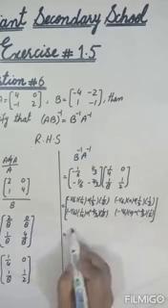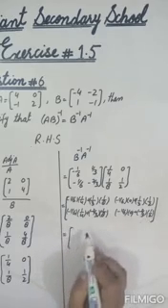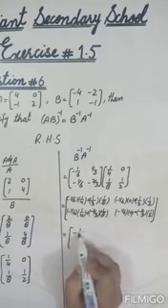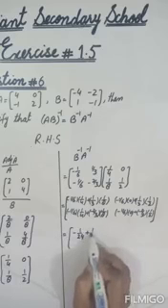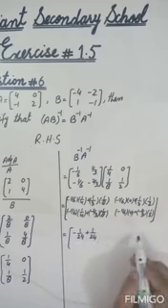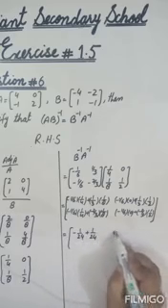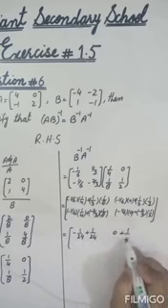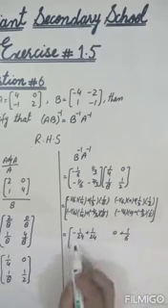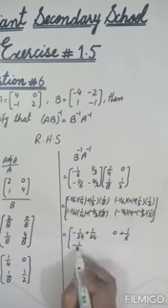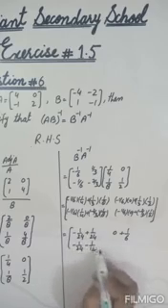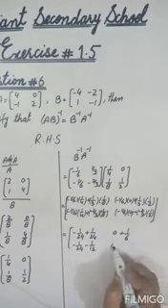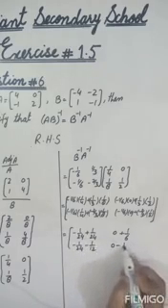By simplifying, our answer is equal to minus 1 by 24 plus 1 by 24, 0 plus 1 by 6, minus 1 by 24 minus 1 by 12, 0 minus 1 by 3.